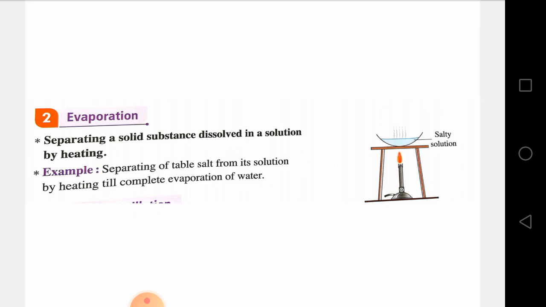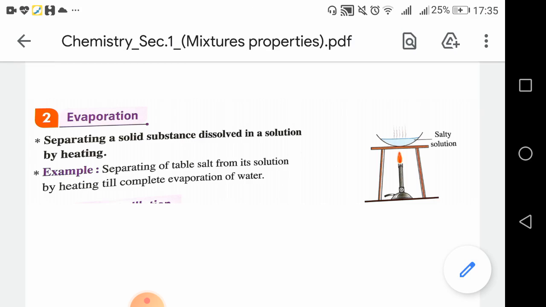Take salt solution in a watch glass and heat it for a period of time on a Bunsen flame. After some time, the water will evaporate, leaving a white precipitate in the watch glass, which represents the salt that was dissolved in the solution.